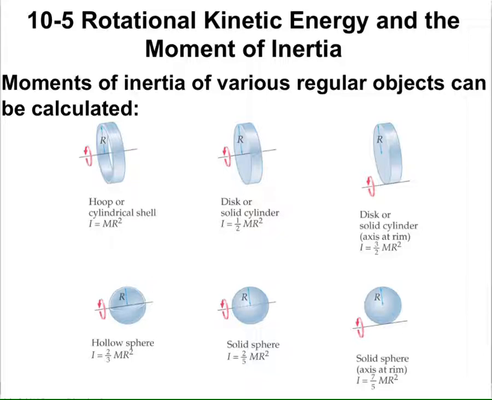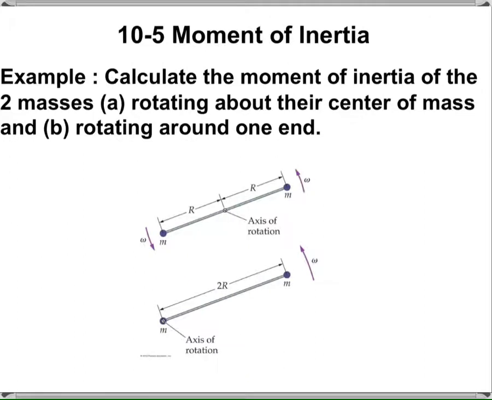All right. Having said this about the new concept of moment of inertia, let's do an example. Again, you have two point masses connected by a rigid rod, and you can ignore the mass of the rod because it's very lightweight.